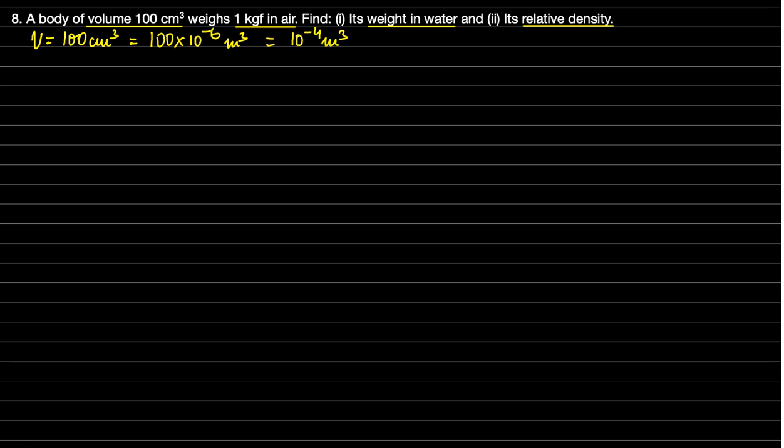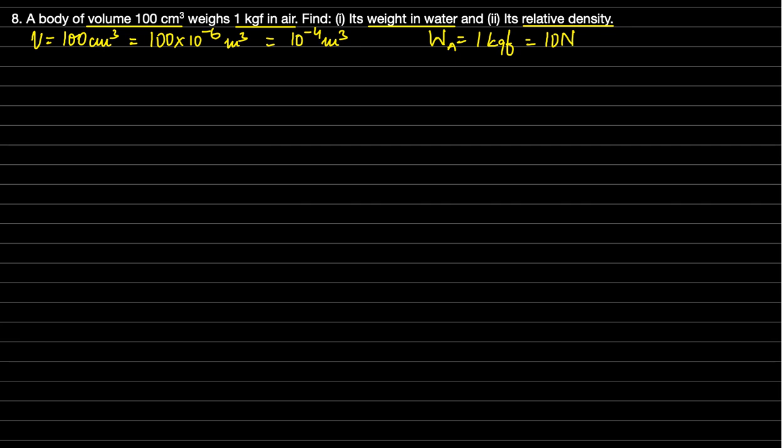So we have got the volume to be 10 to the power of minus 4 meter cube. Now weight in air is equal to 1 kgf. So 1 kgf, whenever we convert it to newtons, we multiply by 10, so we get this as 10 newtons.